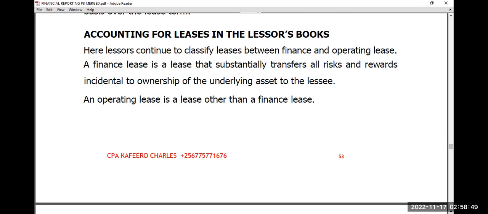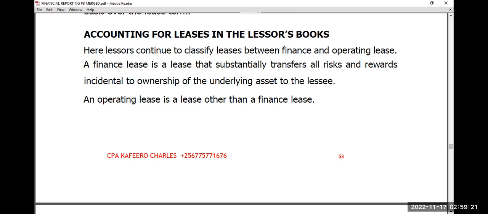lessee, meaning it's like the lessor has given up all the asset. So if it is to account for leases in the books of the lessor, it means the lessor is going to separate these assets into finance and operating. So if it is a finance lease, how is the lessor going to account for it?